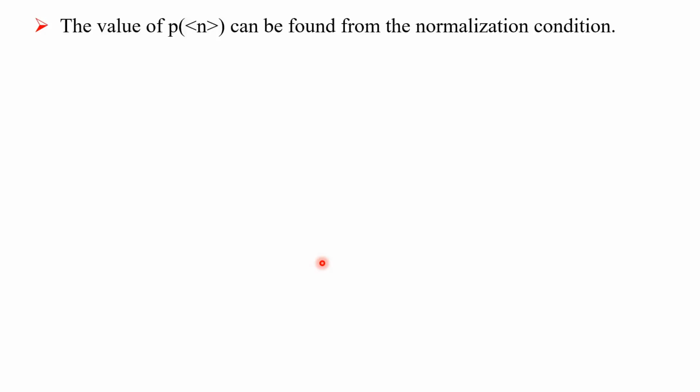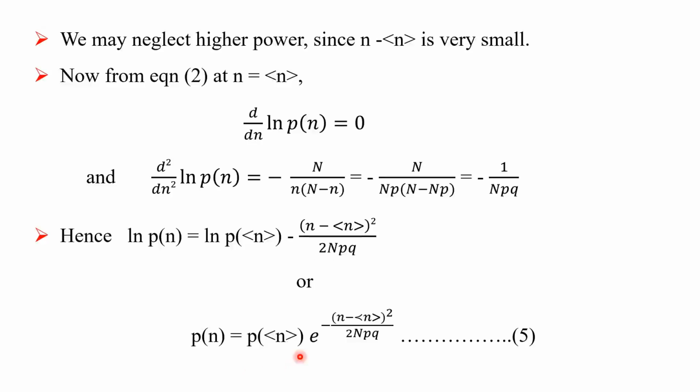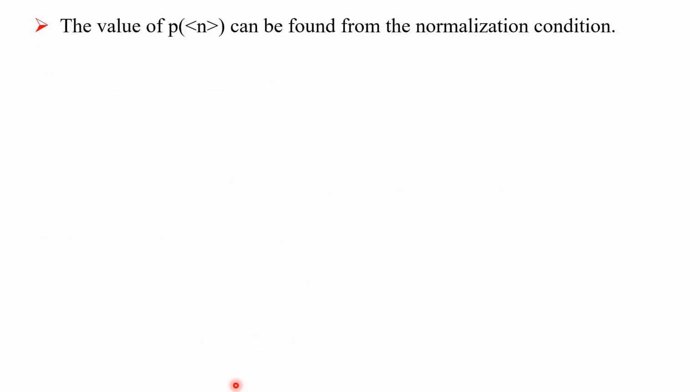The value of P(mean value n) can be found from the normalization condition. Using the normalization condition, the summation over Pn is equal to the summation of P(mean value n) e raised to minus (n minus mean value n) square upon 2NPQ, which is equal to 1.